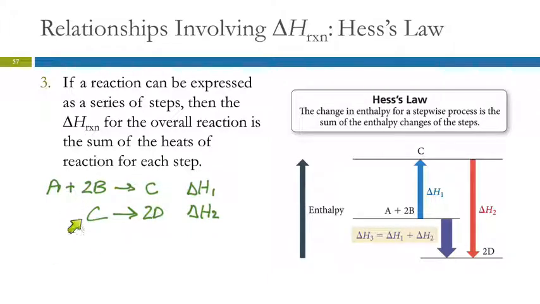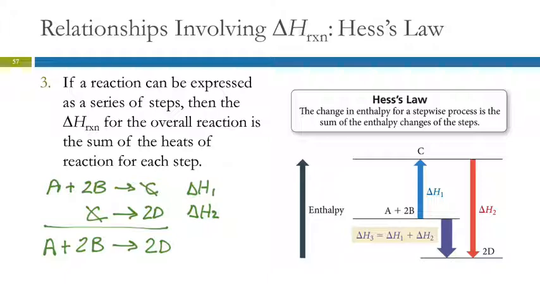What happens if I add these two chemical equations? We've done that, right? It's just like adding math equations. A plus 2B makes C, and the C turns into 2D. So the C gets made and it gets used up, and the overall is A plus 2B forming 2D.